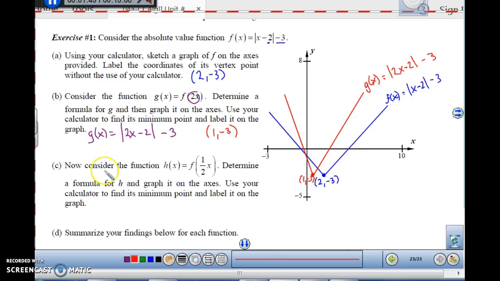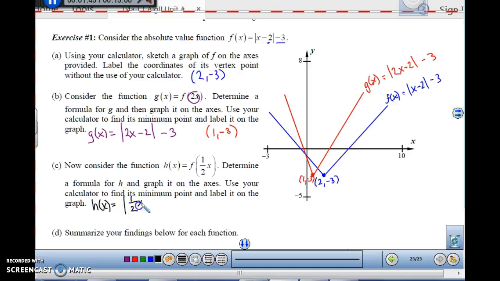Now let's do the h function. h of x equals f of 1/2 x. Determine a formula for h and graph it on the axes, and then find the minimum point and label it on the graph. I'll do this one in black here. h of x is equal to f of 1/2 x, so for x we plug in 1/2 x.